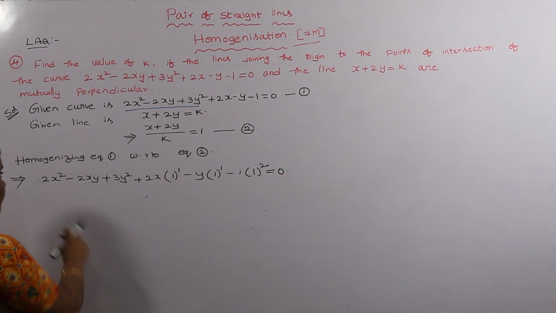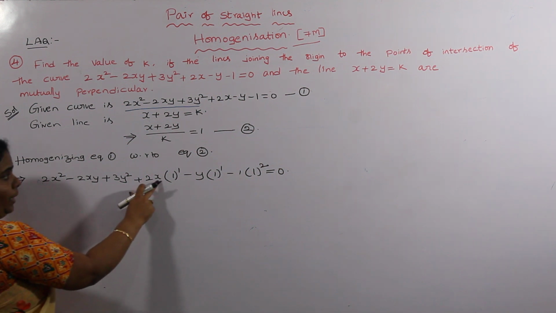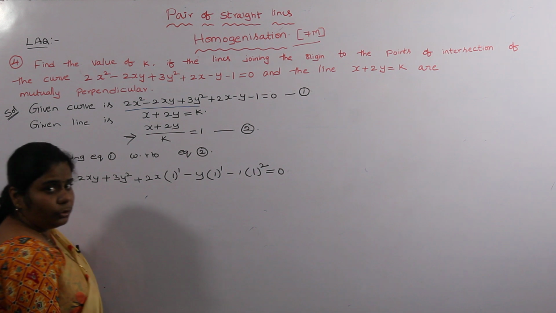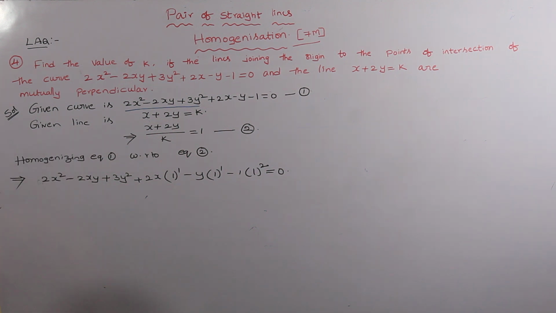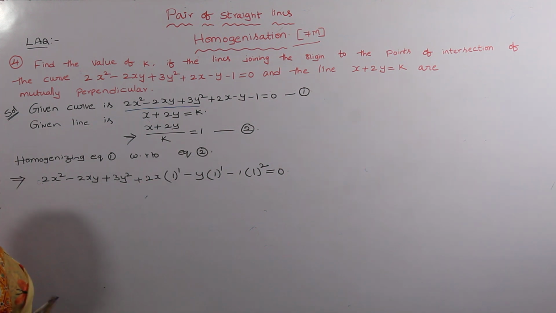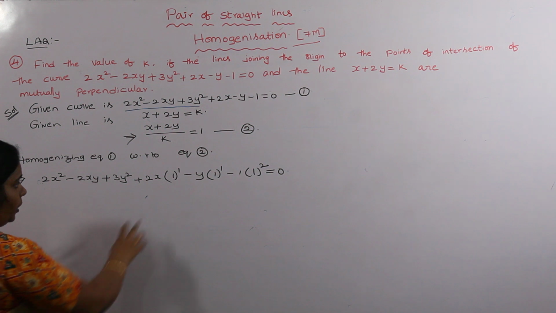Now it becomes 2, 1 plus 1 is 2, 1 plus 1 is 2, here also 2. So this is a homogeneous equation. But what is 1? From the second equation, 1 is equal to x plus 2y by k. Substitute here in this.